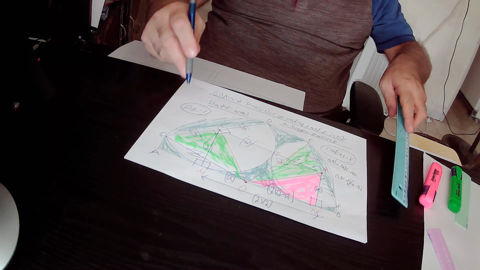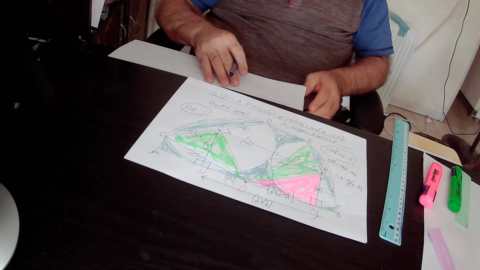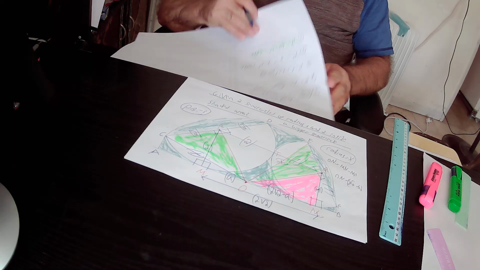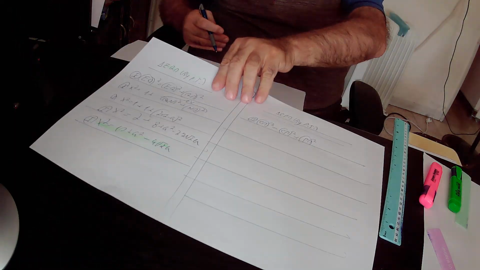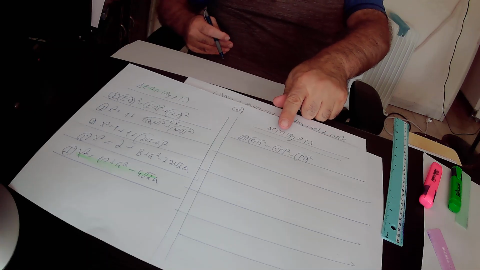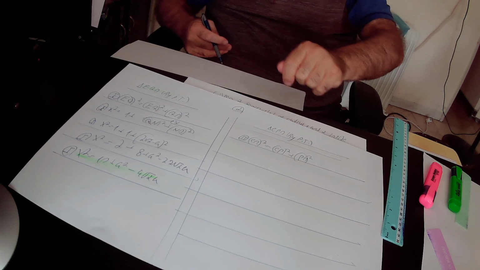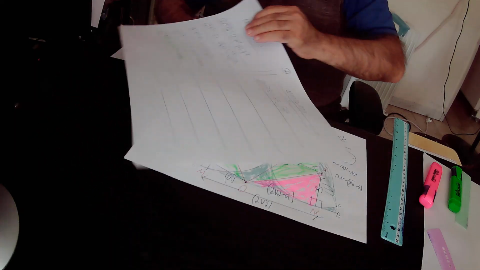And again, in this right triangle CPO, according to the Pythagoras theorem, CO squared, the square of the hypotenuse, equals CP squared plus PQ squared.